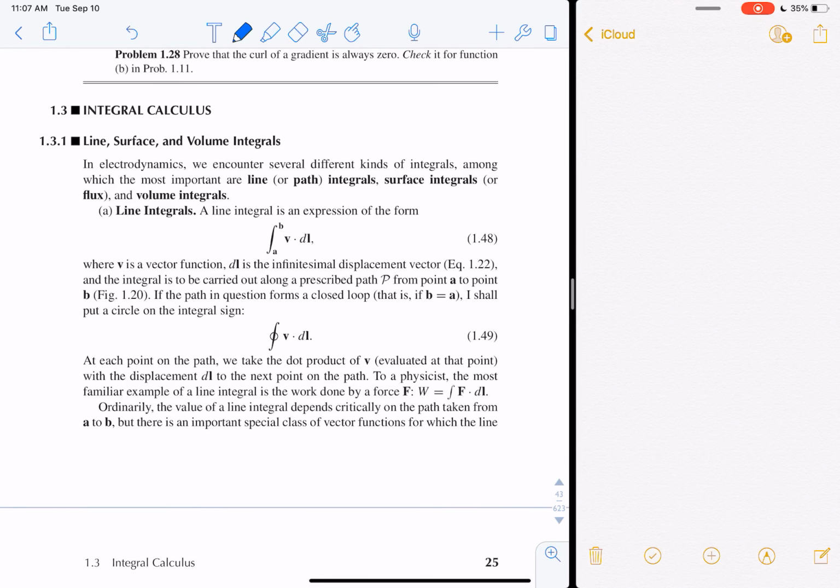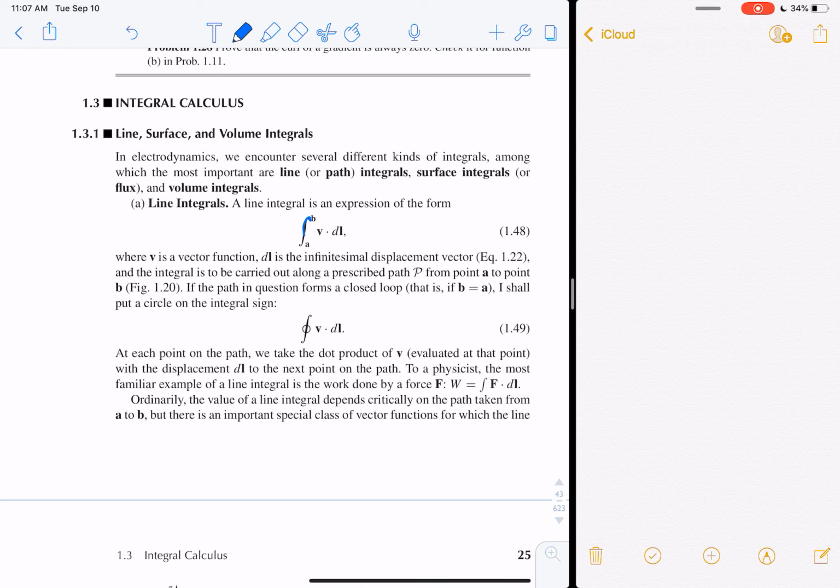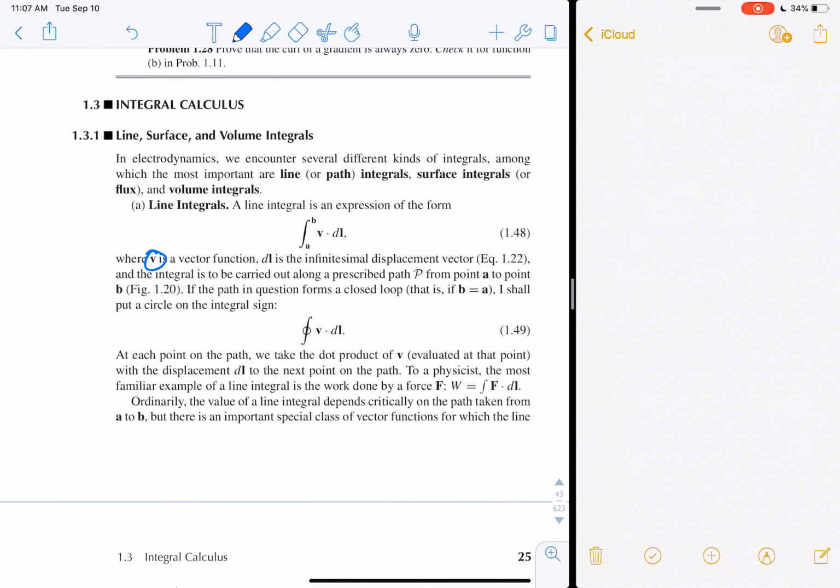So if you want to integrate a line, a path through a vector field, you take the integral of your vector field dotted into your little infinitesimal walking along that line, your line bit, and you integrate from A to B. V is just the field vector.